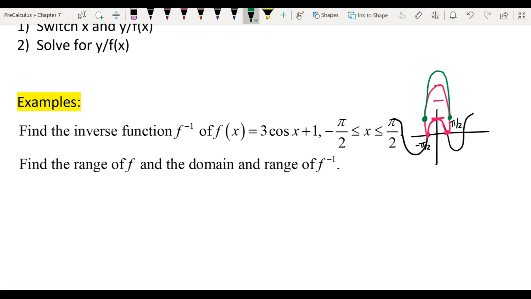So my range of f is 1 is less than or equal to f of x is less than or equal to 4. The reason I put it in this notation is because that's the notation they gave us here. If they had had bracket negative pi over 2, comma, pi over 2 bracket, we would have put it in bracket form.